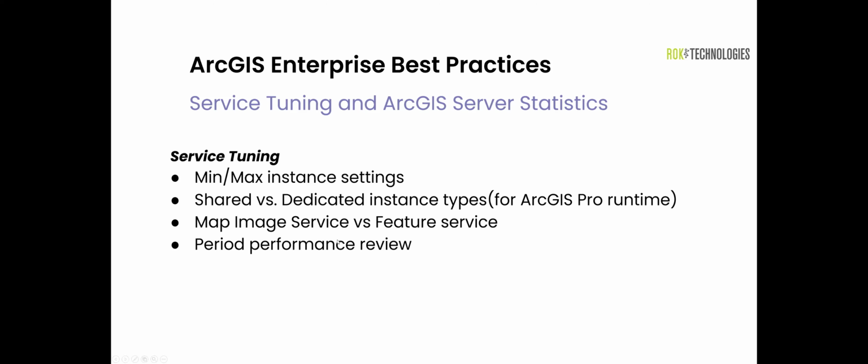But if a function or application is querying something, leverage a feature service. Feature services handle query responses that are more optimized for a query versus serving up an image. So that's a helpful little tip to think about as you're designing your GIS solutions.